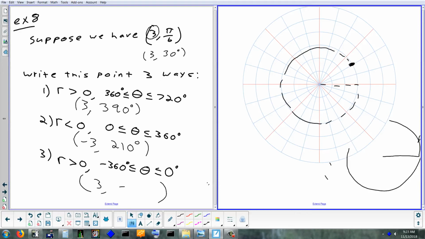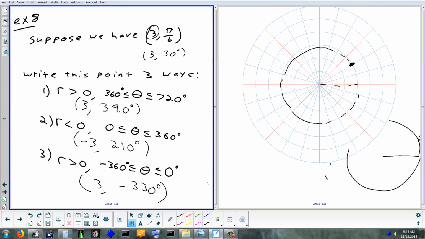So what angle would that be? Negative, it's 2 sections shy of going all the way around. Negative 330. Because each section is 15, so it's 30 degrees shy of all the way around. And that's it. So we've written this point 3 different ways. Questions on that?